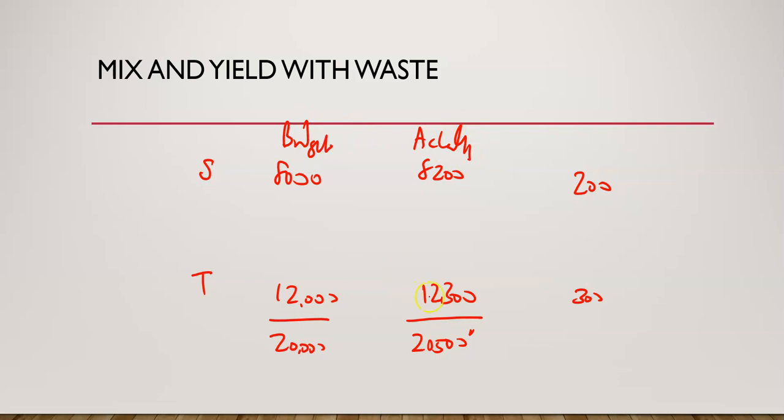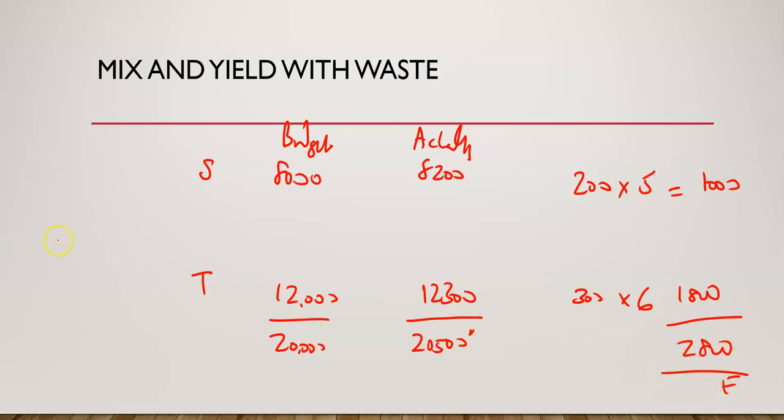Both are favorable. So we have 200 times 5, which is 1,000, and 300 times 6, which is 1,800. So this is 2,800 favorable.